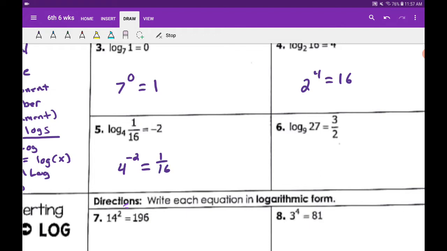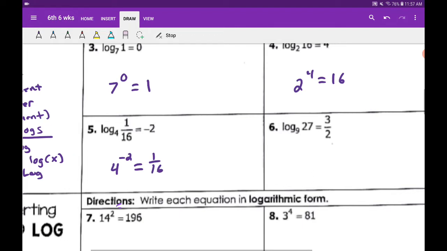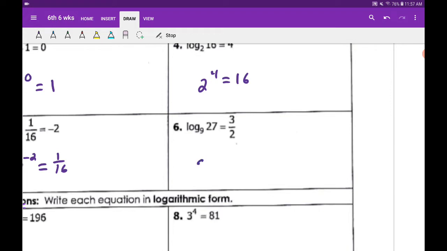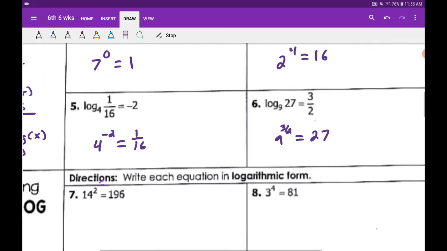You can just leave them as fractions, keeping the negative with it. And 27: we've got log base 9 of 27 equals 3/2, so 9 to the 3/2 power equals 27. Now, is that true? Well, convert it, as we did in the previous lesson. The square root of 9 is 3, and 3 cubed is 27. So that works out there.